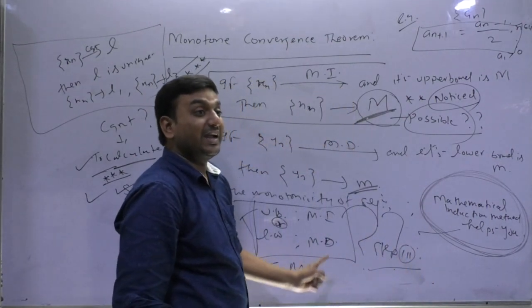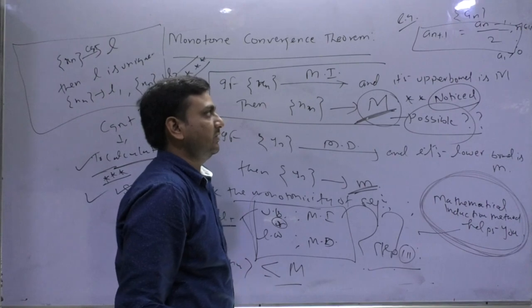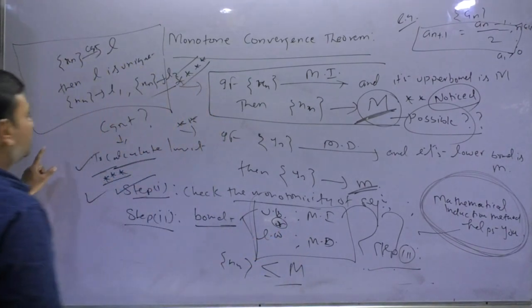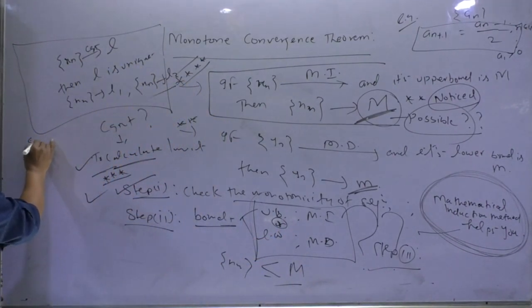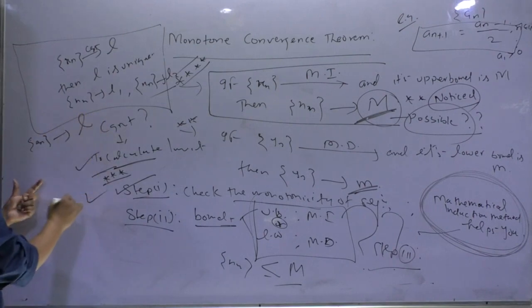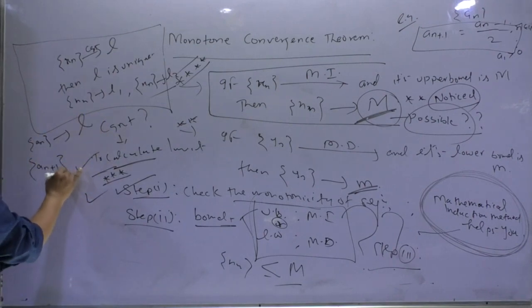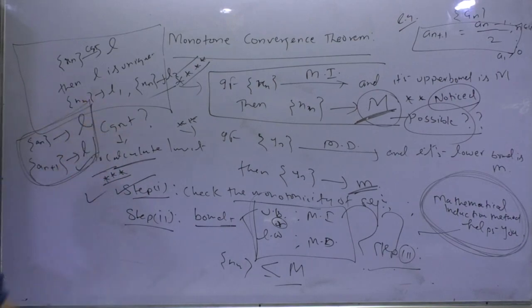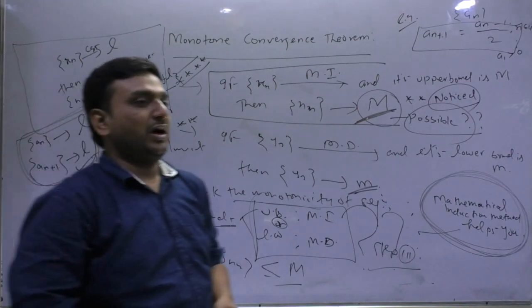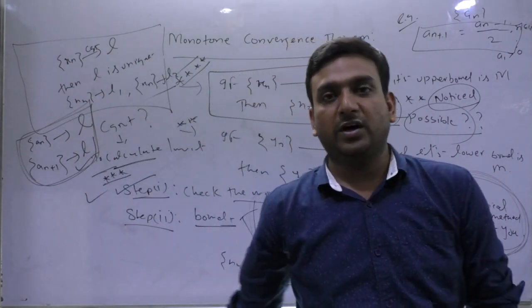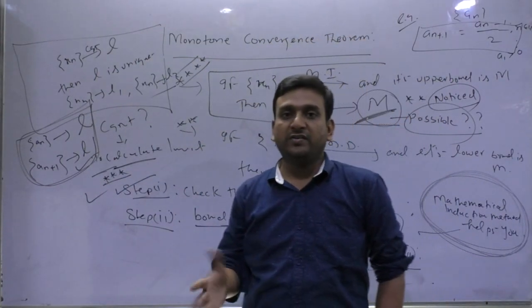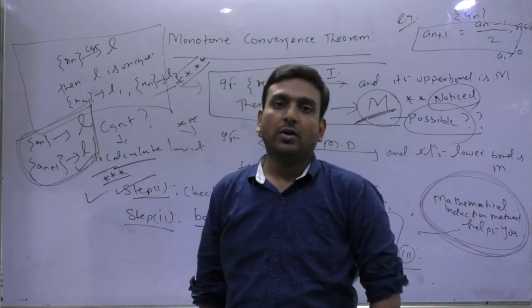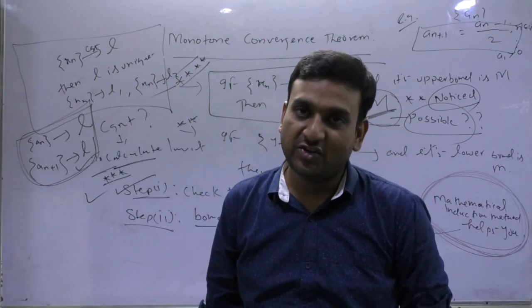For getting the limit of the sequence, that is the third step here. Step 3 is getting the limit of the sequence. So if I say that sequence an converges to L, then sequence a(n+1), after just one term, will also converge to L, because after leaving some finite number of terms, the convergence of the sequence does not change.